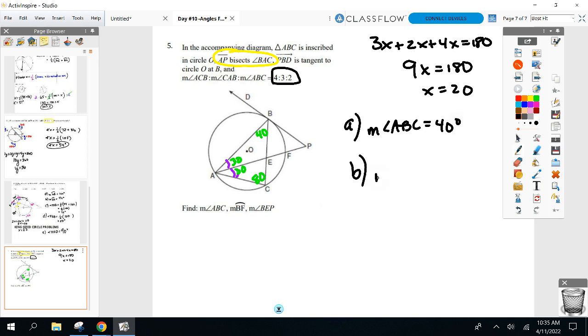Ooh, how about arc BF? How can I get to BF now? Now I'm asking for arcs. Something we found will help you: look for any angle drawn to BF, right? Look for any angle that might be drawn to BF.